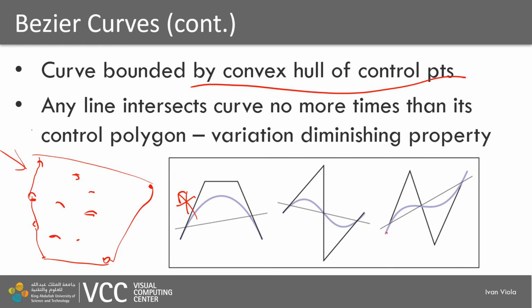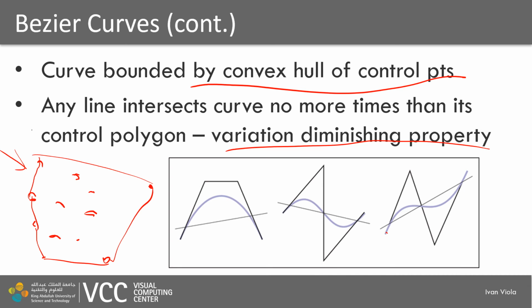Therefore, when we create the control polygon, we might not yet know where the curve exactly will be as an approximative curve, but we will know that it will not leave the convex hull of our control polygon. Very useful property. The second very useful property is the variation diminishing property. Again, it describes the behavior of the approximative curve with respect to the control polygon.